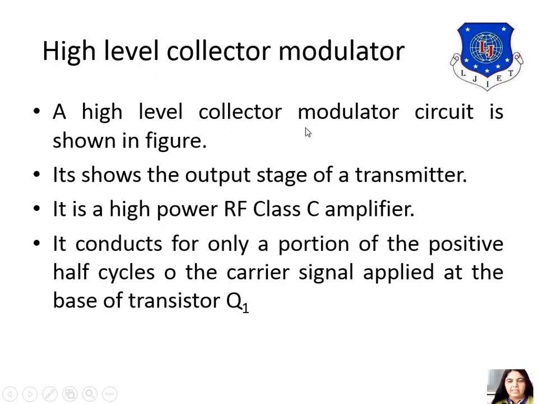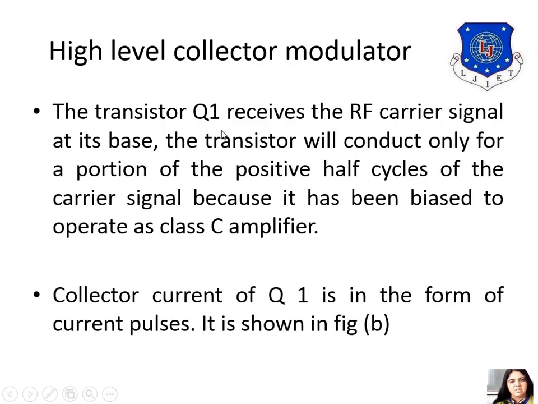A high level collector modulator is shown in the figure. It shows the output stage of a transmitter. It is a high power RF class C amplifier. It conducts only for a portion of the positive half cycle of the carrier signal applied at the base of Q1. Transistor Q1 receives the RF carrier signal at its base, and it has been biased to operate as a class C amplifier.